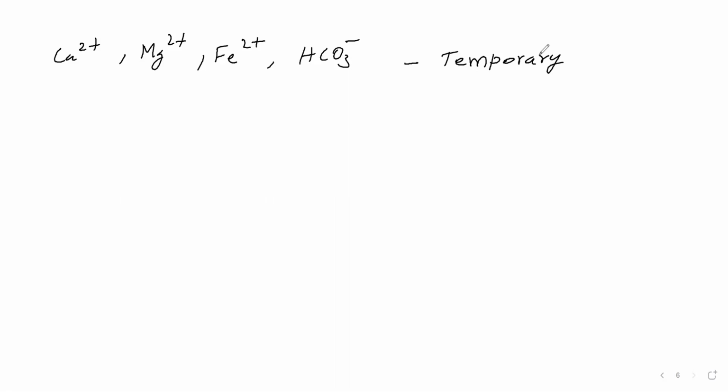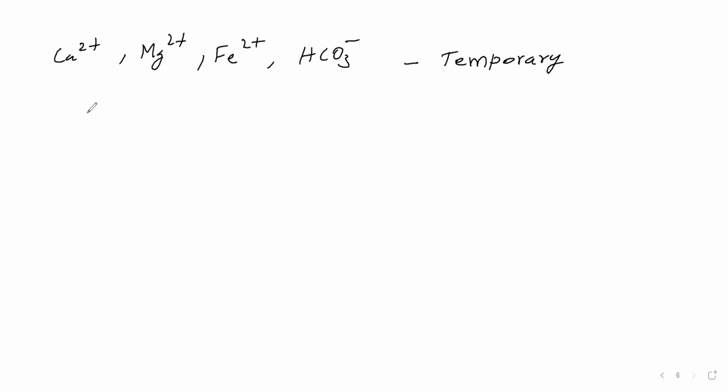Why? Because we can remove this bicarbonate, these cations and anions, easily by boiling. Therefore, these anions cause temporary hardness to the water.